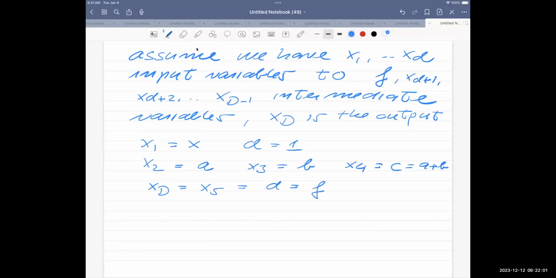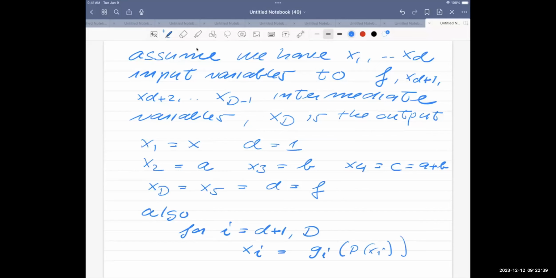So what we will do then is the following. The algorithm here is now to have a loop for i equal d plus 1 up to D, where these up to d are the input variables and D is the final variable. Then we would simply calculate these different x of i's, which are given by some function g of i, which are in turn given by some specific functions of the parents, p of x of i.